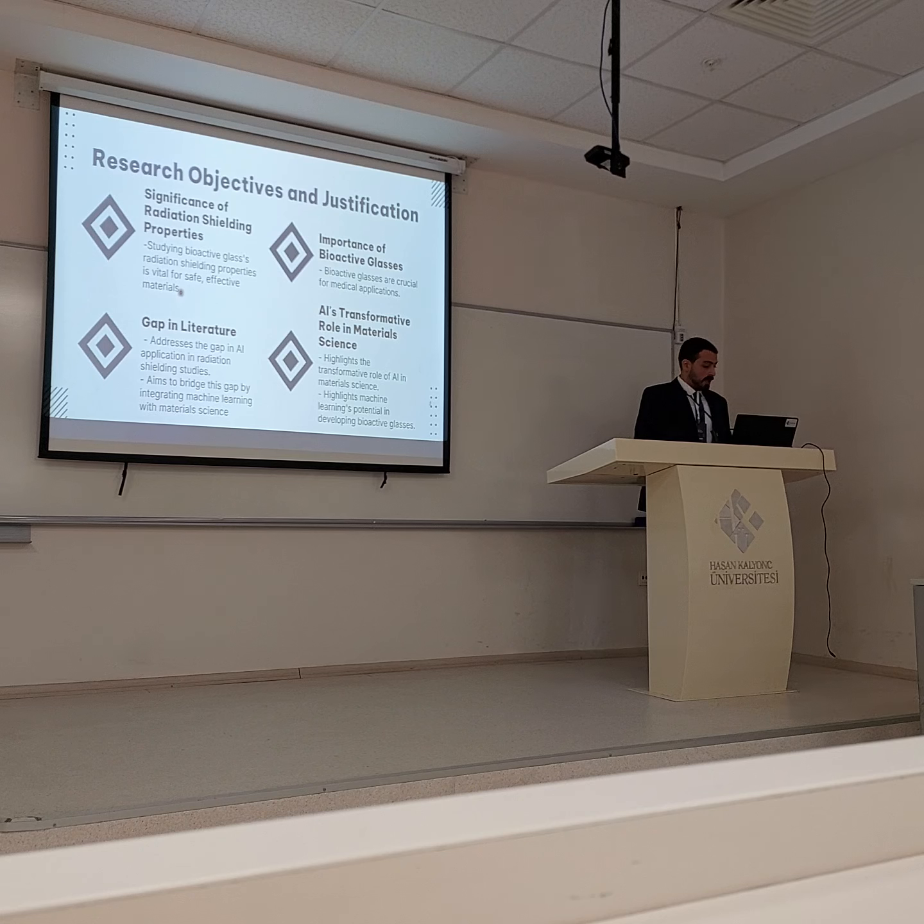Our research objectives and justifications. First of all, the significance of radiation shielding properties in general, because we have to focus on this field. Second, the importance of bioactive glass. There is a lot of literature about this material, but not focusing on radiation shielding. Also, AI's transformative role in material science.